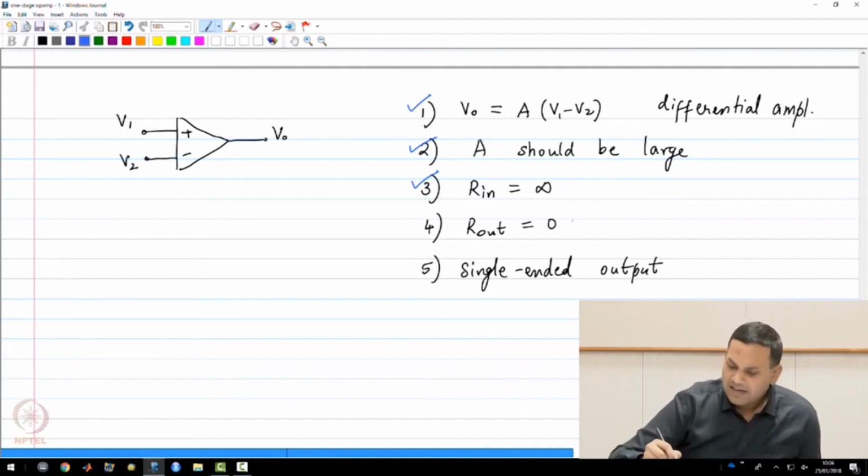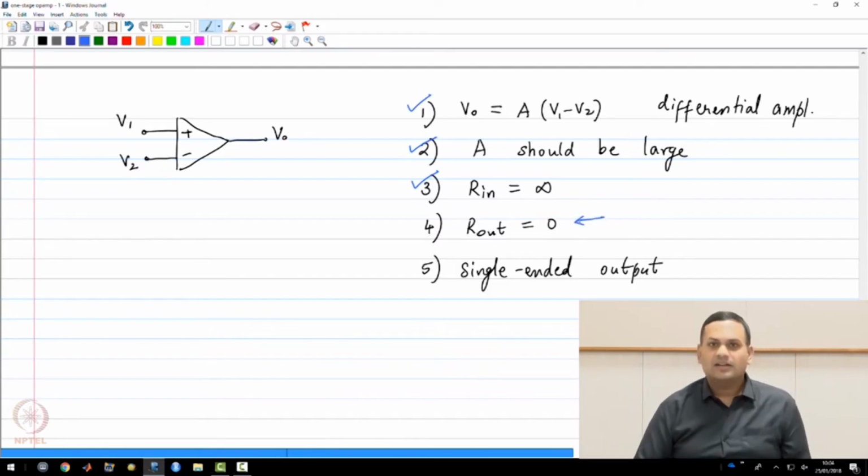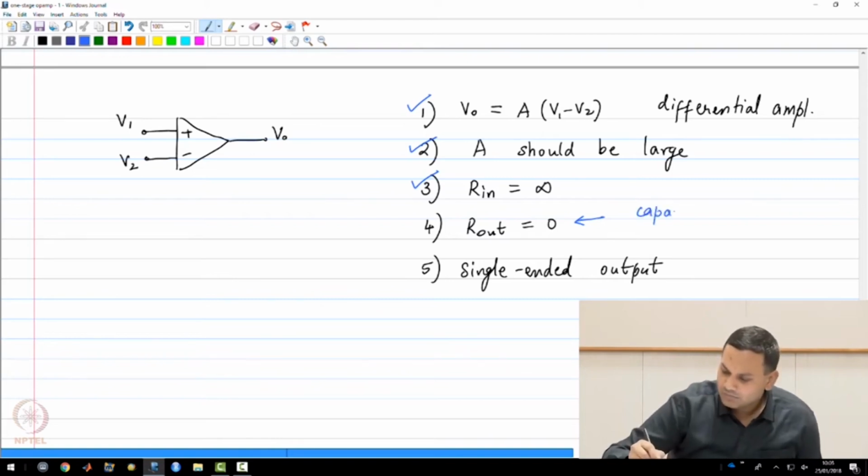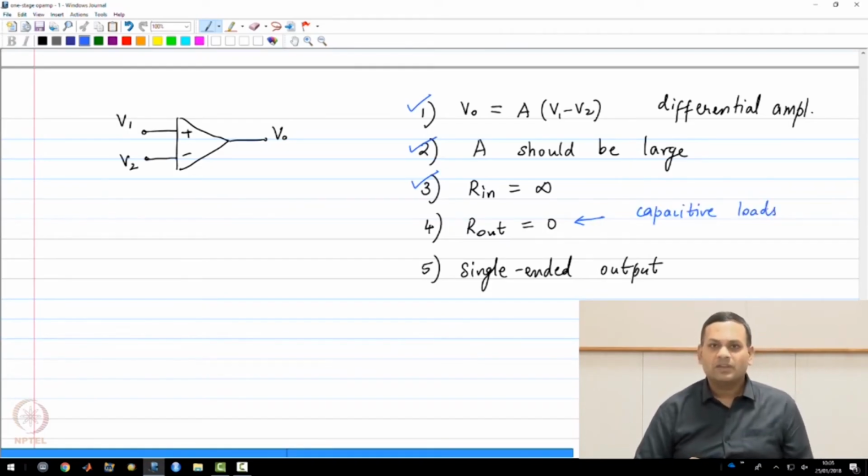First of all, it turns out that it is very rare to have Rout equal to 0 or something very small at the output of CMOS op amps in general. The reason is that most op amps drive capacitive loads, in which case as long as the output is driving a capacitive load, the Rout doesn't need to be small for the output to settle to the final value.